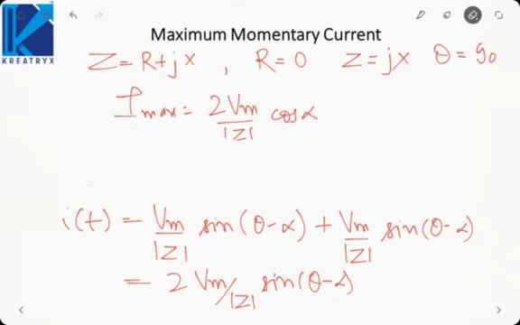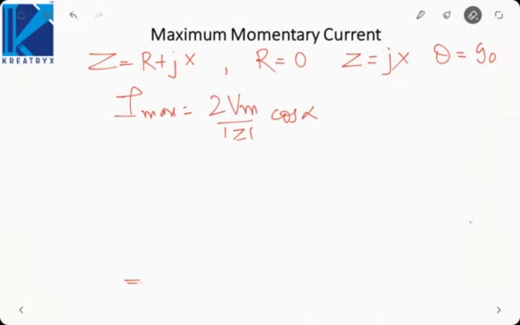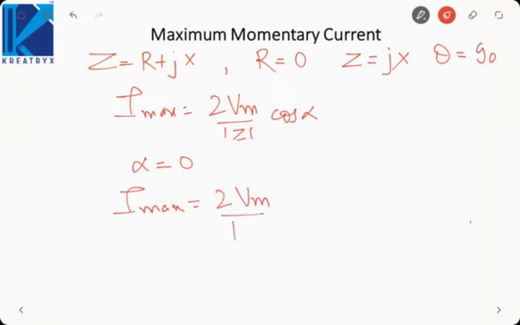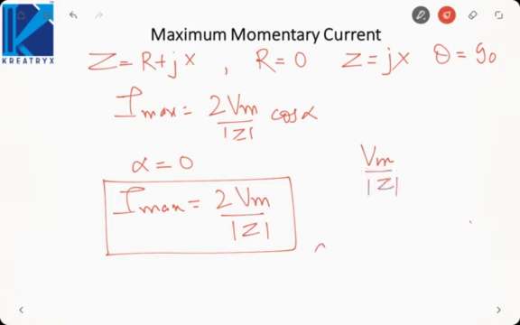To further maximize this value, we will take alpha equal to 0. That is, I max will be equal to 2 Vm by mod Z. Okay. So it is twice the symmetrical current because symmetrical current has the amplitude Vm by mod Z. It is called as doubling effect.